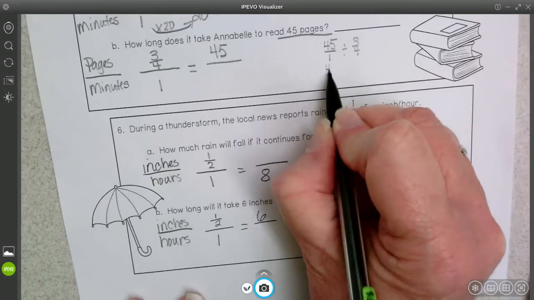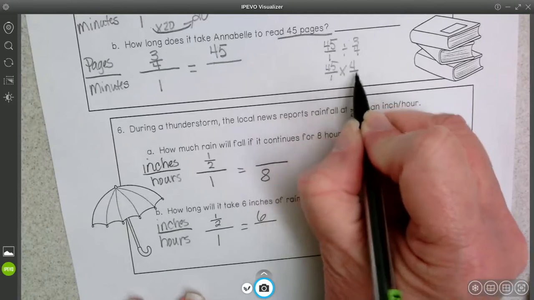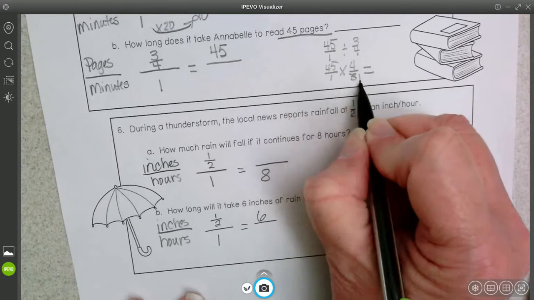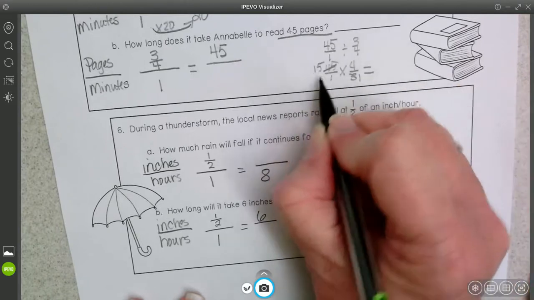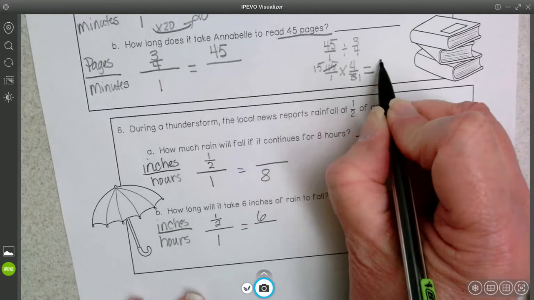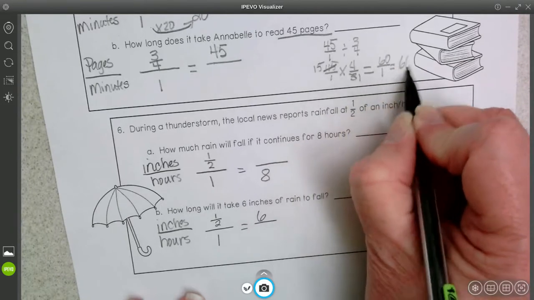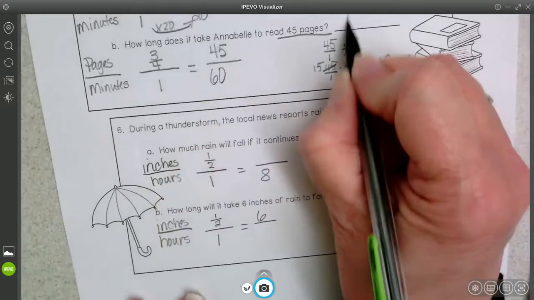Okay, 45 over 1 times 4 over 3. Okay, 3 goes into 3 one time. 3 goes into 45 15 times. 15 times 4 is 60. 1 times 1 is 1. So we have 60 minutes. So it's going to take her 60 minutes to read that.